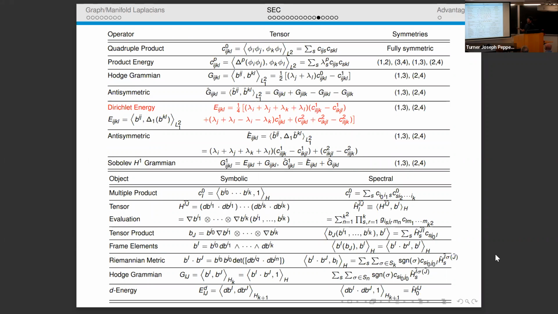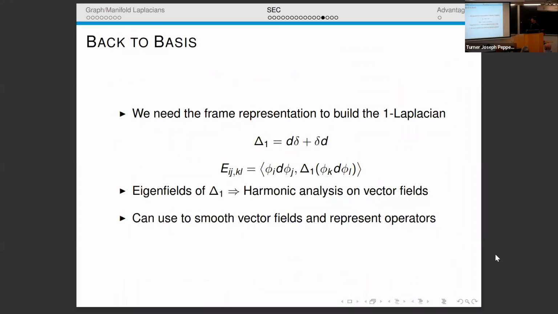And so this was our big accomplishment, our first big test of the theory: can we encode the Hodge Laplacian on one-forms? This is the energy of that Laplacian. All we need to do is take that Laplacian, act on one of these phi_k grad phi_l's, and then take its inner product with a phi_i grad phi_j. And we get some crazy formula that just involves eigenvalues of the zero Laplacian that we already have, and then these fancier structure constants, but they just involve structure constants and eigenvalues underneath it all.